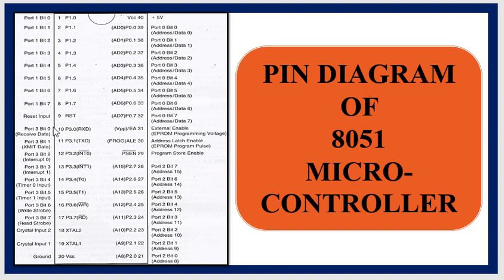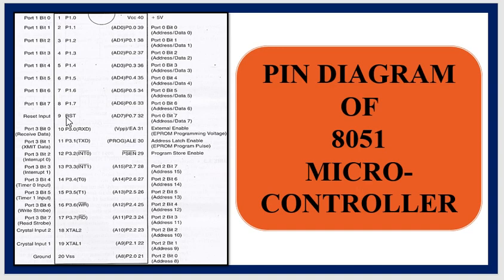Pin number 9 is called RST, the reset pin or reset input. When logic 1 is given to this pin, it disables the microcontroller and clears the contents of the registers. If logic 0 is applied to this reset pin, the program starts execution from the beginning.